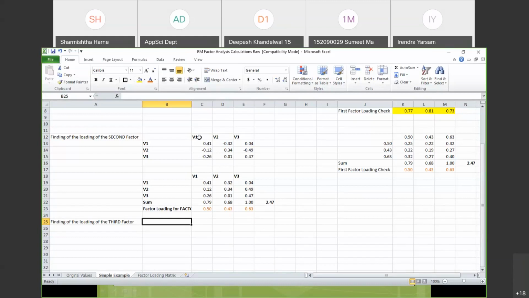What I mean is, this is the absolute value.